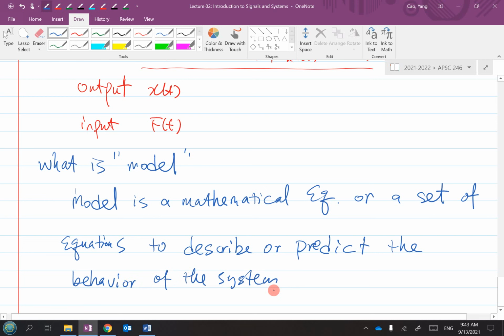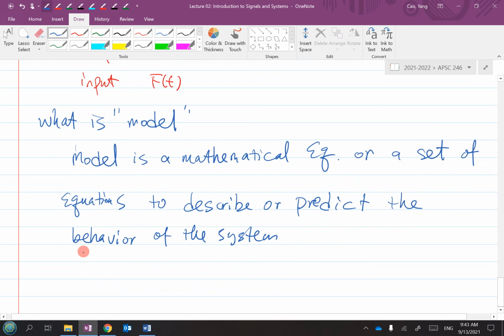We are able to summarize and derive abstract equations to represent the more complicated natural behavior. The behavior here, in other words, is what we call dynamics.